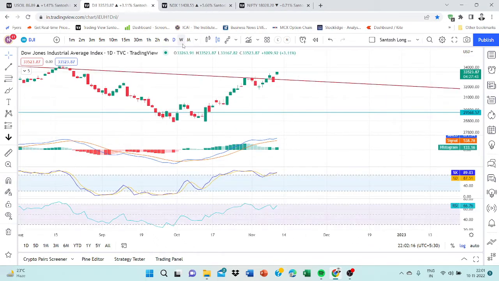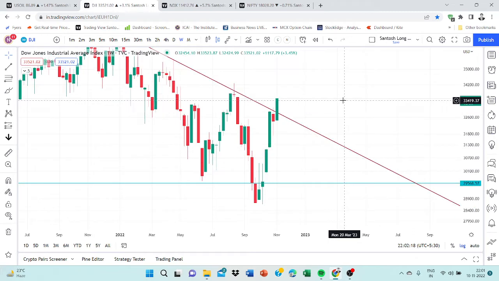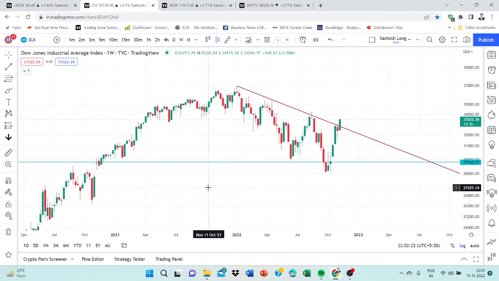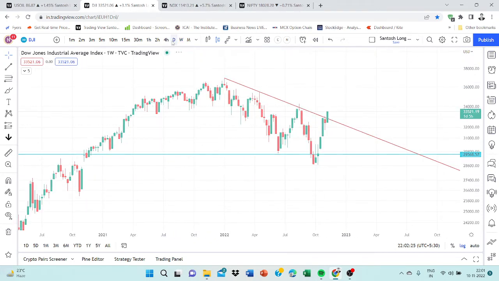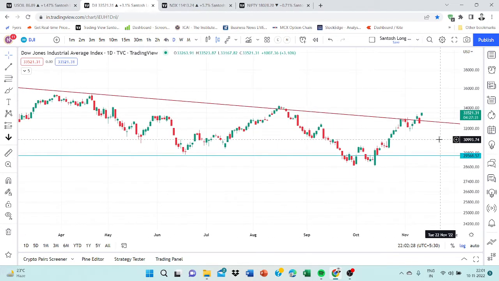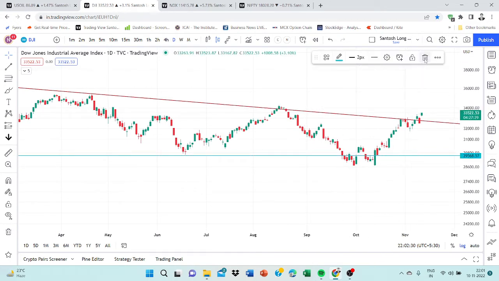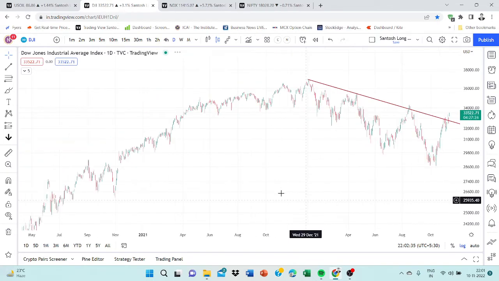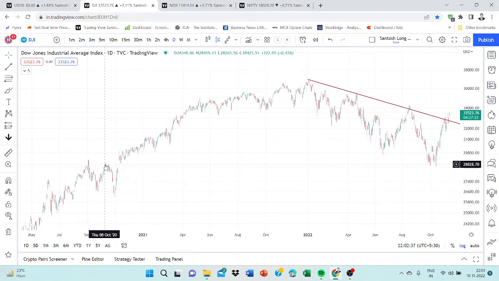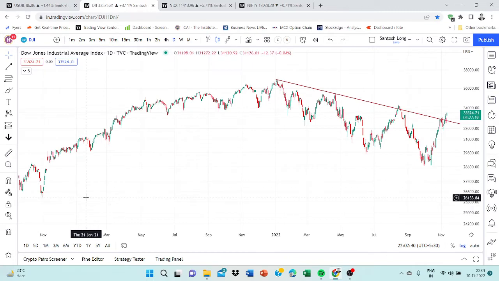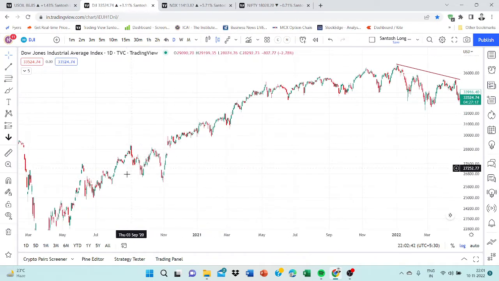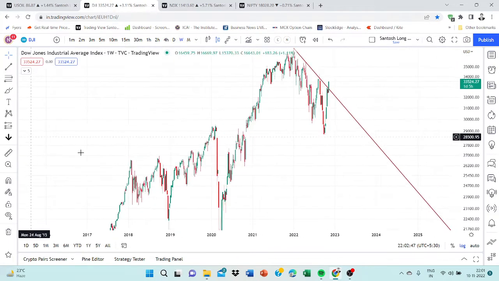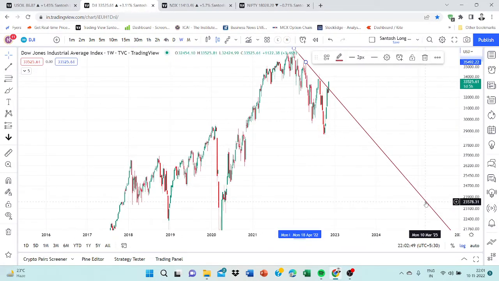So, the weekly chart. This is the weekly chart, and the daily chart. Let's come to the daily chart. Now today's discussion is based on October 20. Where is March 20 starting?